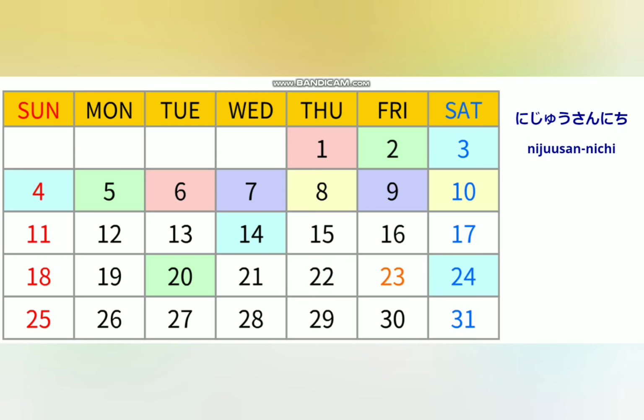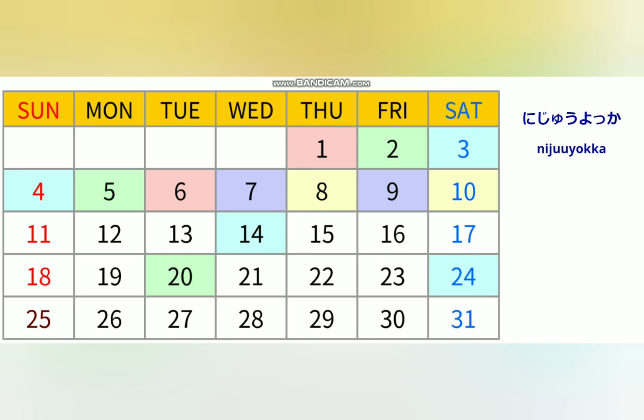Now the 23rd, 23日. Again, 23日. Now the 24th. Another irregular. 24日. So we'll be using the 20, which is nijuu, and then for the fourth, yokka. So we have nijuu yokka. Again, nijuu yokka for the 24th.